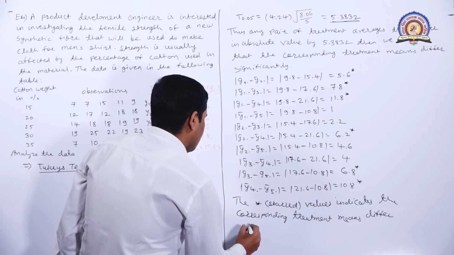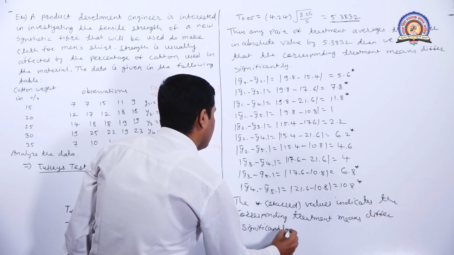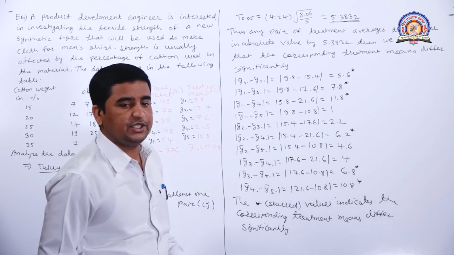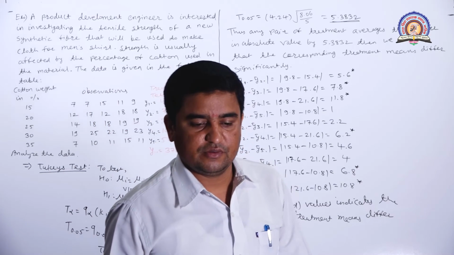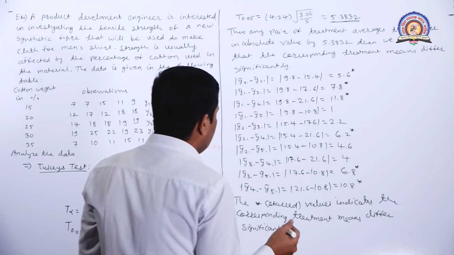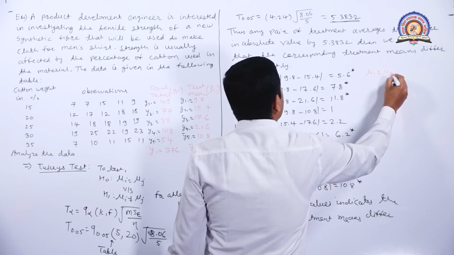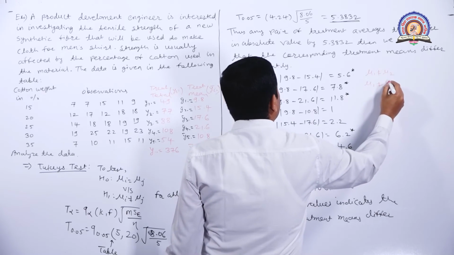So in Tukey's test, we can check all pairs of means by using one size, which is T alpha. So the meaning of this: mu1 is not equal to mu2, mu1 is not equal to mu3.